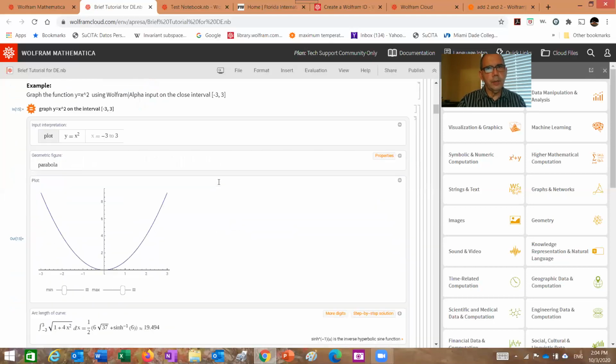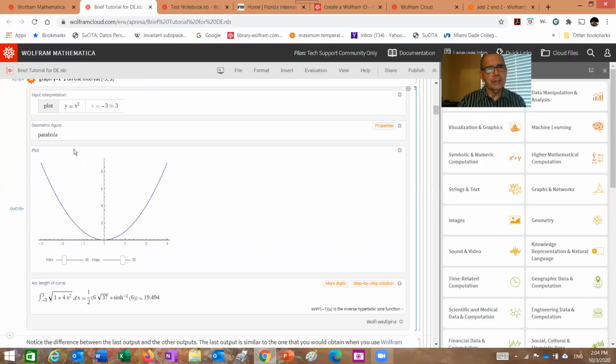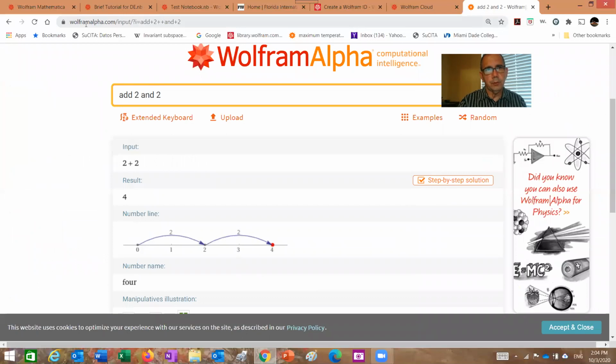And then what we obtain here is an output which is very similar to what you would obtain using Wolfram Alpha, which is this page here that I mentioned before, wolframalpha.com. When you enter something, you get an output.